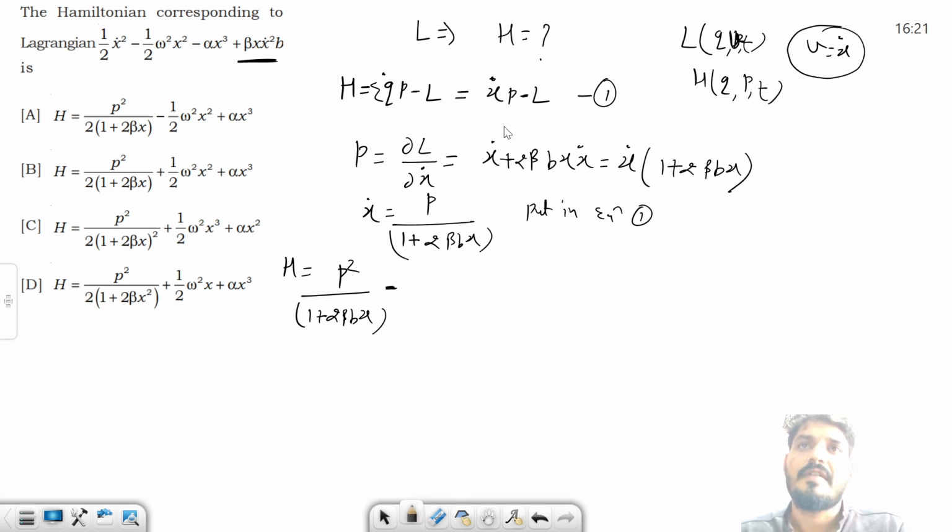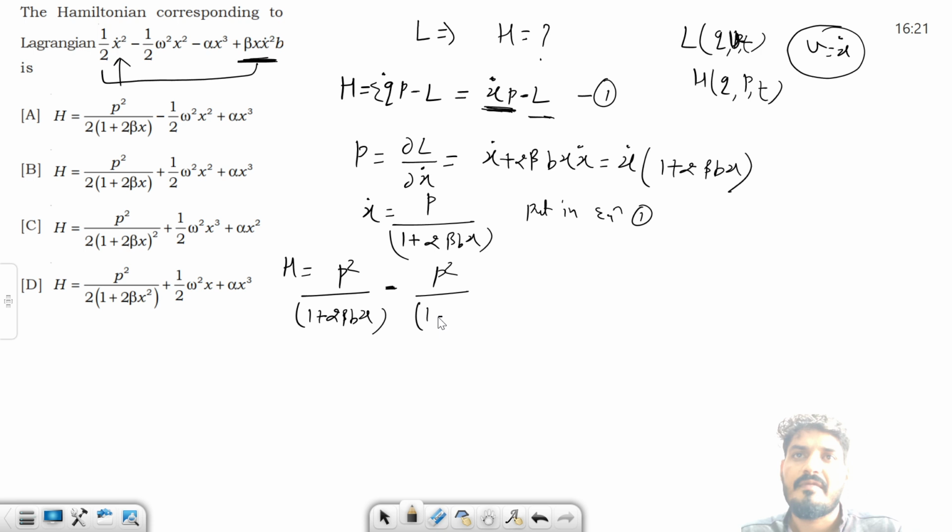First we have written this term, right? We have written this term. Now we'll write down the Lagrangian. So the Lagrangian is this whole term. So before this term we have to write down this term as well. So this is minus half x dot square, so this is p square divided by 1 plus 2 beta b x, and the half as well.